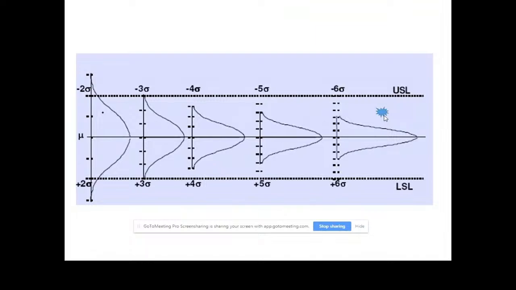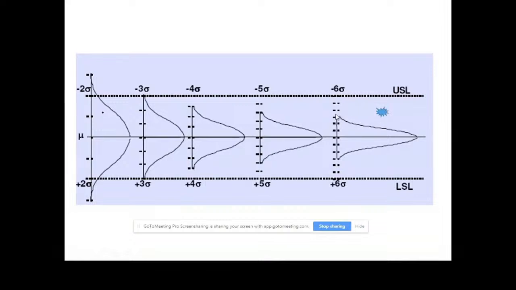You are beyond the normal behavior of your process, but still it is not a defect for the customer because it is still within the upper specification limit. So only if you make your process so robust that there's a great deal of difference between upper and lower and the dispersion or the normal behavior of your process.